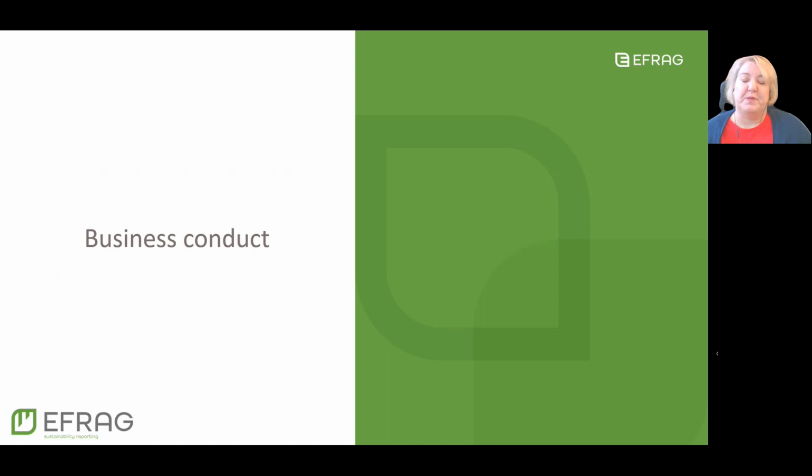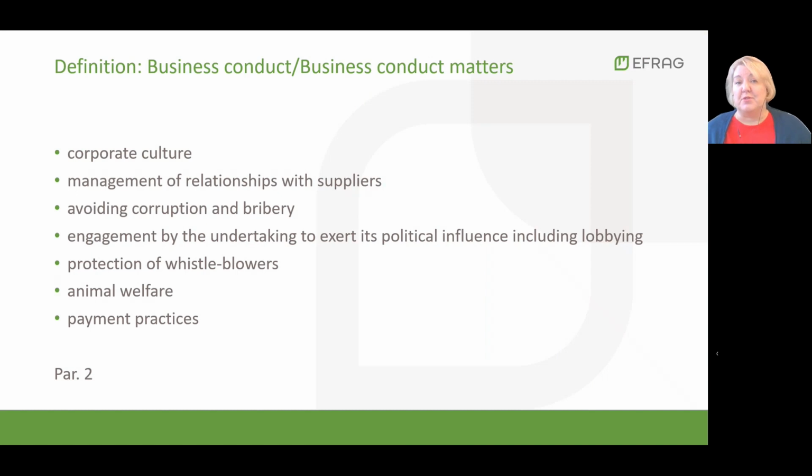If we then move to business conduct, firstly, we want to define what we mean by business conduct matters. So business conduct is a wide range of behaviors that support transparent and sustainable practice for the benefit of all stakeholders. So what we cover here are effectively what CSRD asked us to cover in the standard.